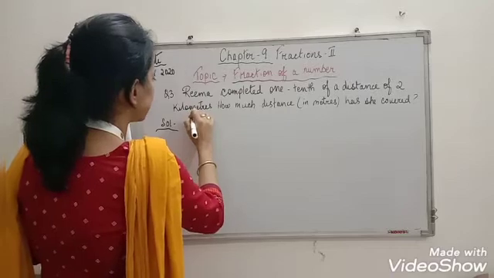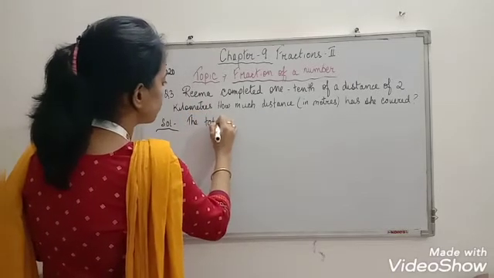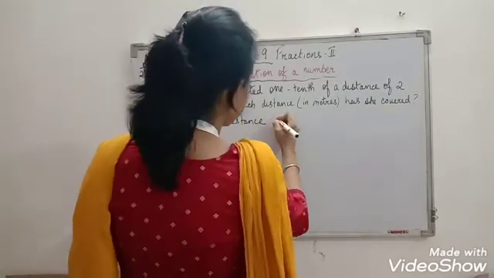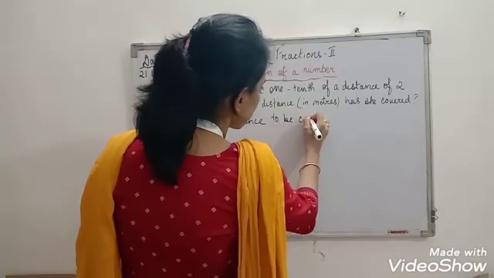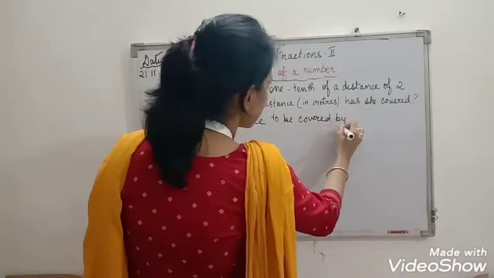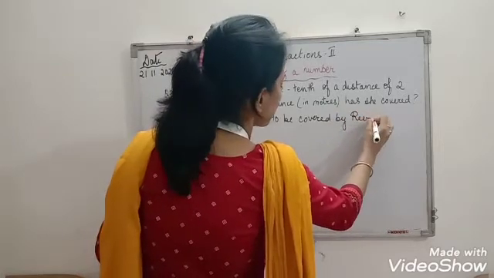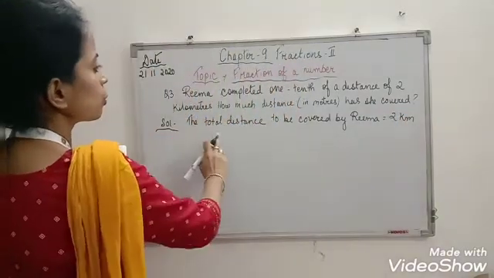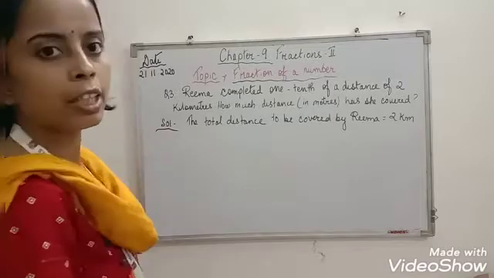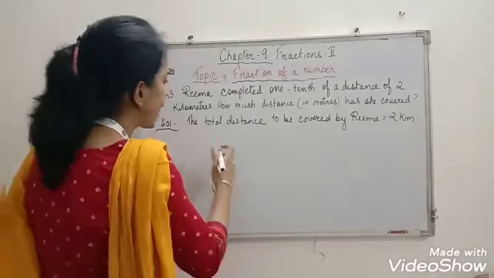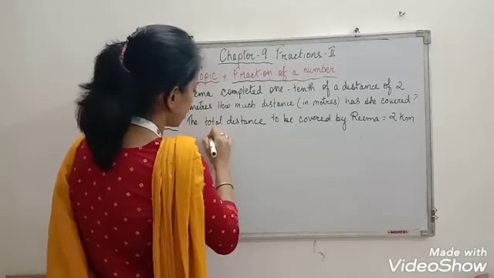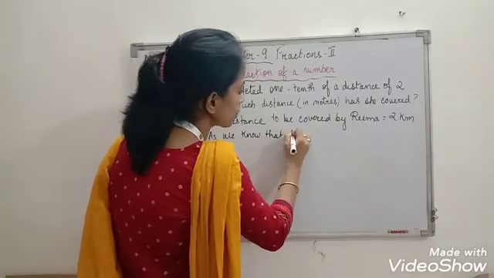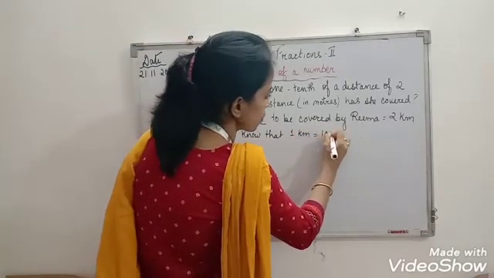The total distance to be covered by Rima equals 2 kilometers. Alright, children? The total distance to be covered by Rima, how much? Equal to 2 kilometers. As we know that 1 kilometer equals 1000 meters.